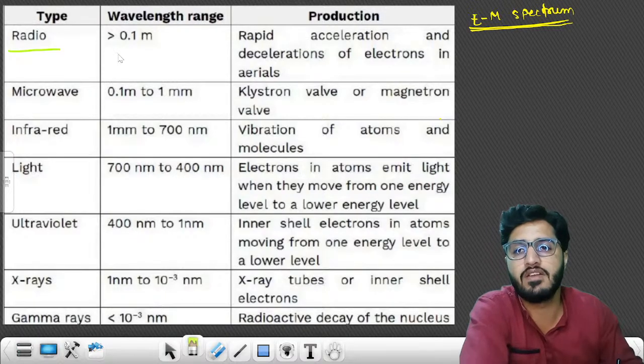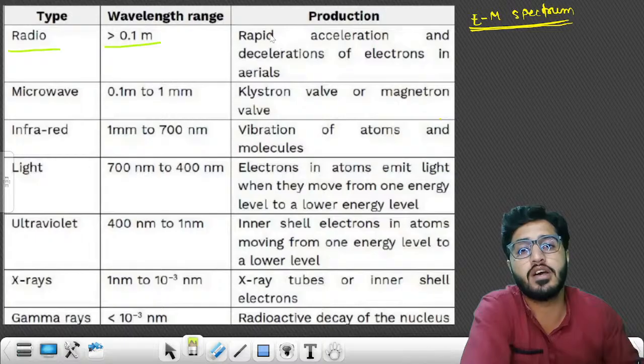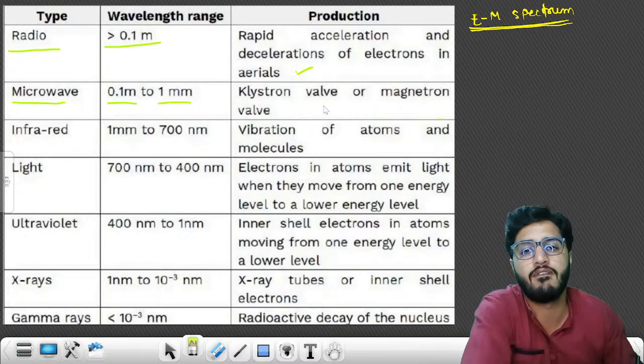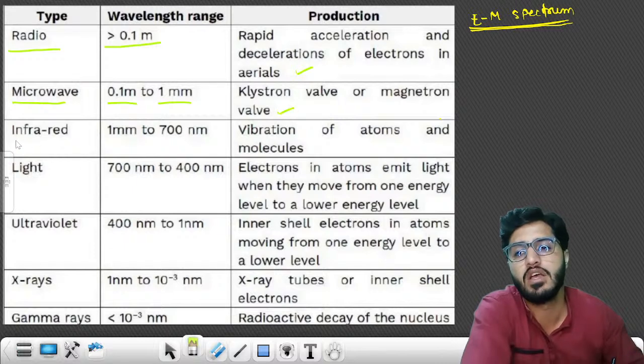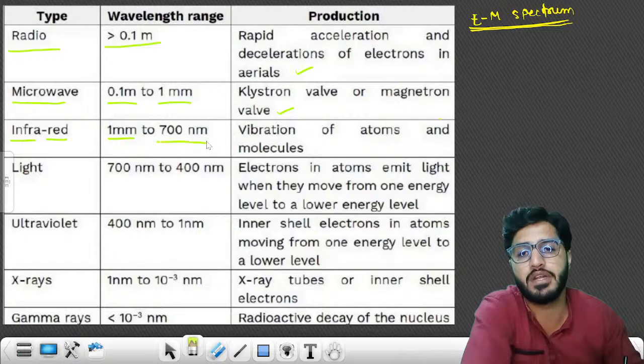Radio wave: the wavelength is more than 0.1 meter, and it is produced by rapid acceleration and deceleration of electrons in aerials. Second, microwave: wavelength is 0.1 meter to 1 millimeter, produced by klystron valve or magnetron valves. Infrared is 1 mm to 700 nanometer, from vibration of atoms and molecules.